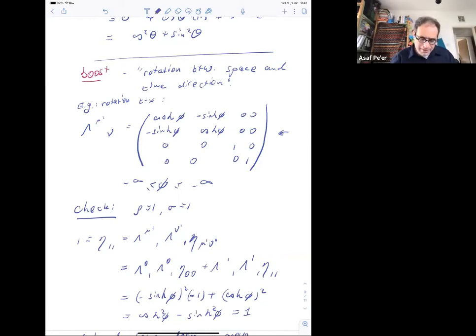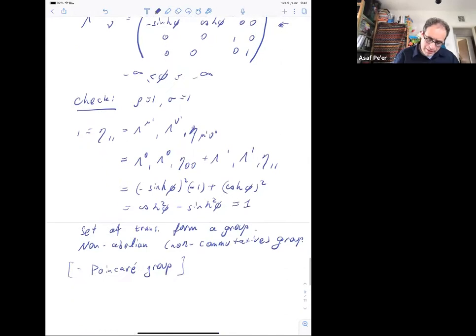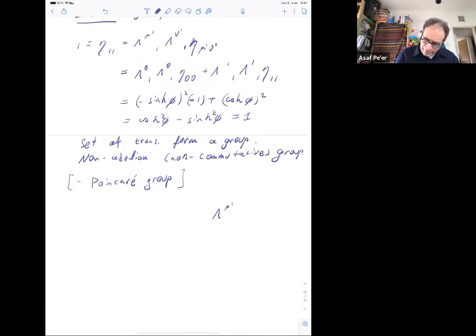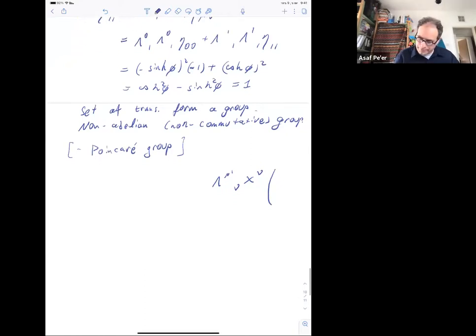So let's apply this Lorentz transformation on a 4-vector x nu. I'm going to take the Lorentz transformation here and apply it, lambda mu prime nu, on x nu. Remember, x nu is just ct, x, y, z, the 4-vector. So what is it equal to?